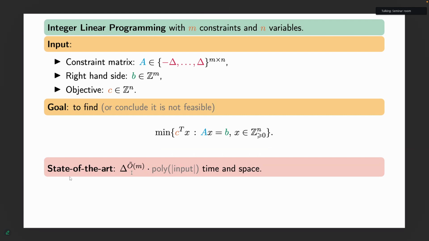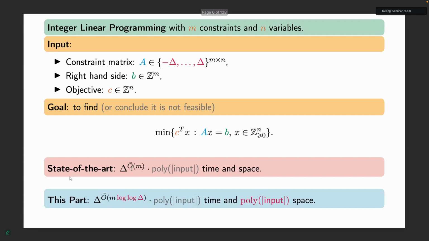And you can extend it to ILPs with an arbitrary number of constraints. You pay with this dependence on m in the exponent. The space is also the same, so it uses delta to the order of m time and space.